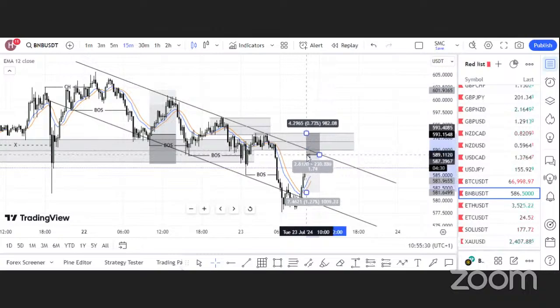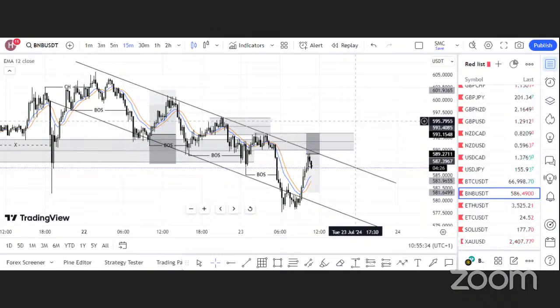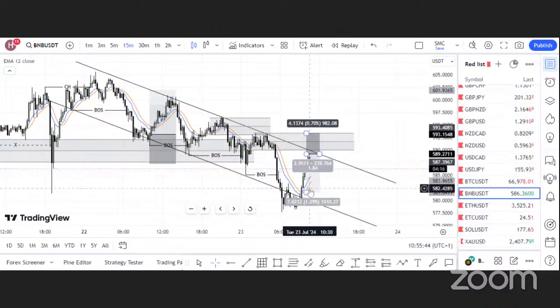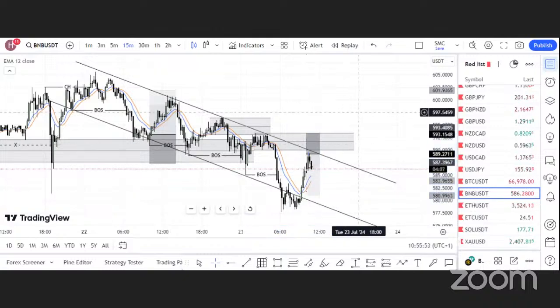Right. So this is why for me I always take a sniper entry. I don't wait for candle formations, because I believe you can still have a candle formation and then the market will still go against you. So that is why I don't usually wait for candle formation. I just take my trade and wait for the result.